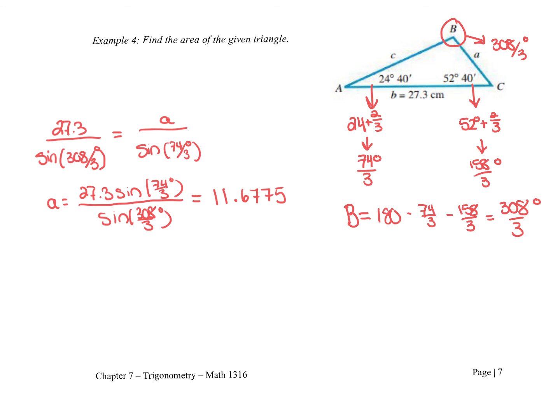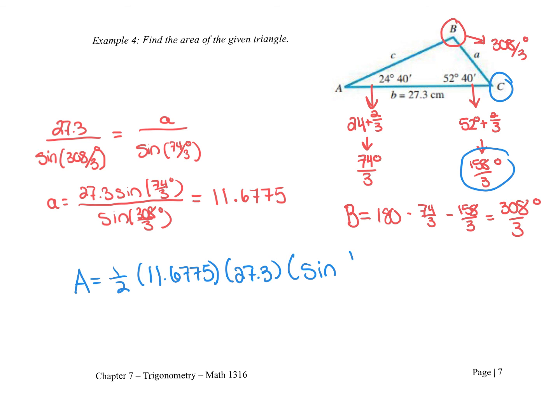And then I'm going to do my area formula, which is what they asked me to find at the beginning. Area equals 1/2. If I use side A, 11.6775, and then the other side they gave me was B, which is 27.3. Then my included angle is C, so sine of 158 over 3 degrees.